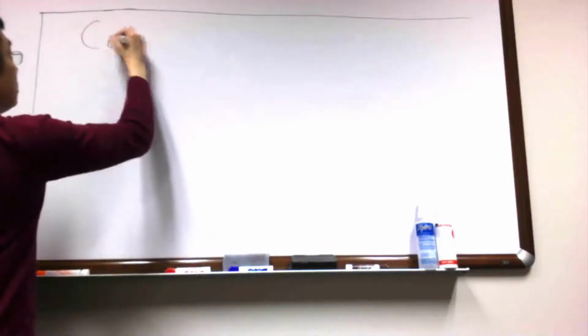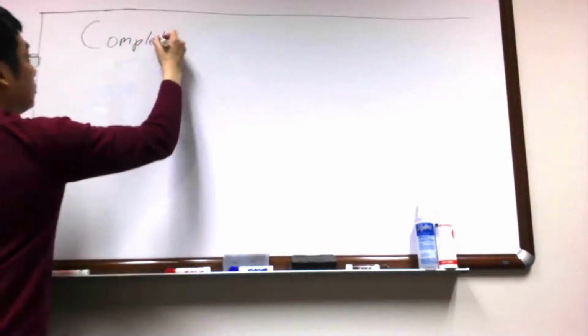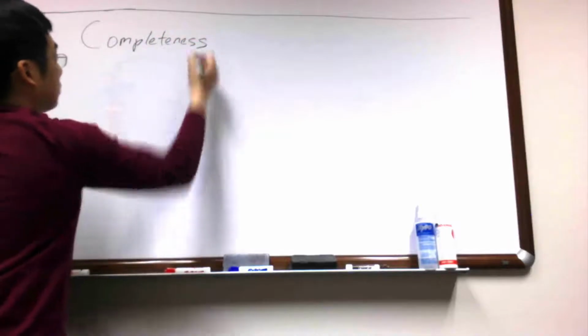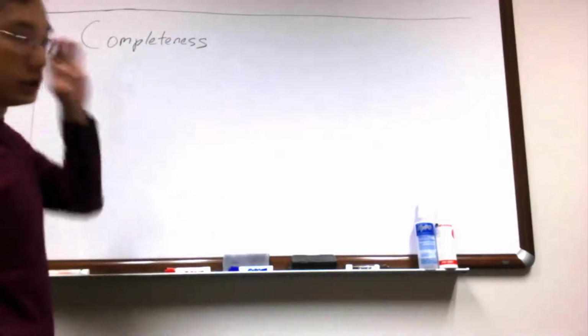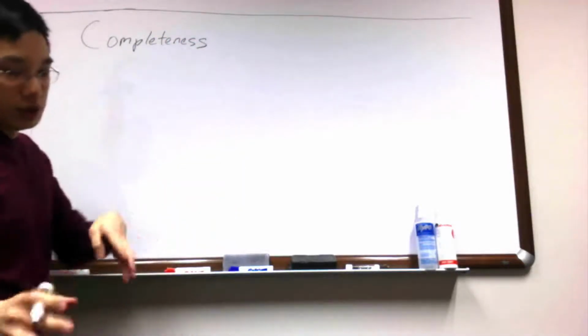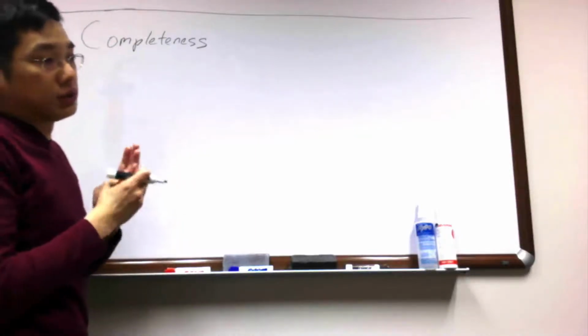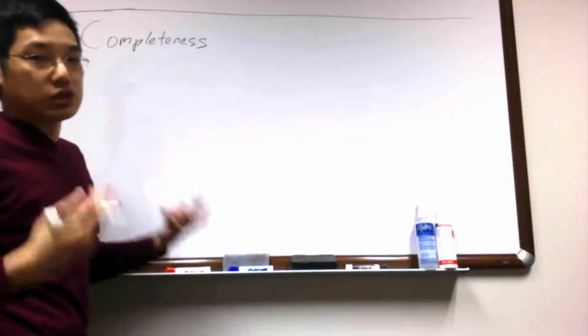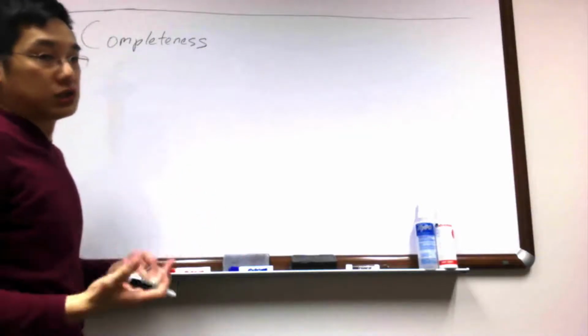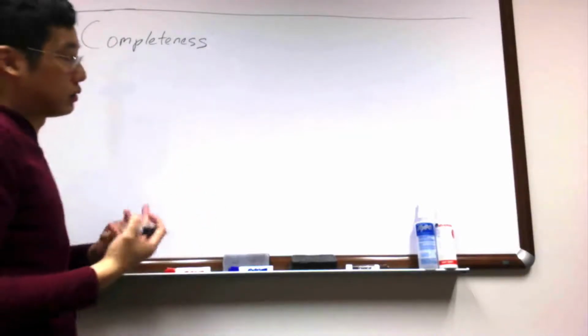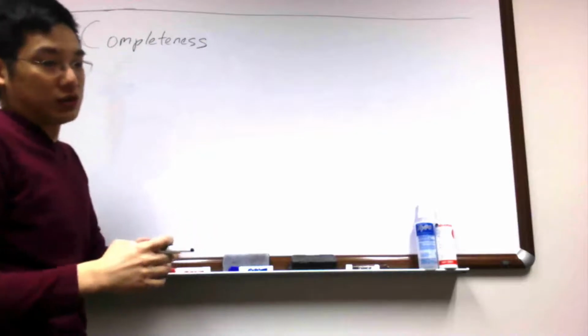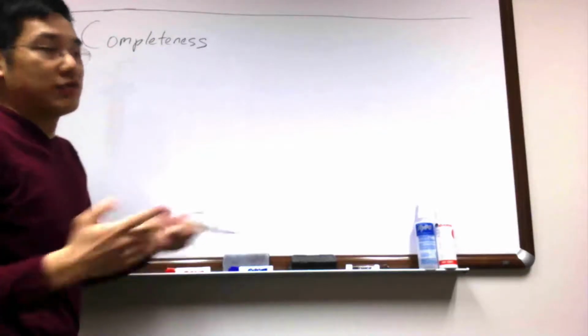completeness. Completeness is related to what I was describing: the quality of completeness is that the search algorithm will eventually find the solution if the solution exists. And you can imagine there could be search algorithms that will never find the solution.